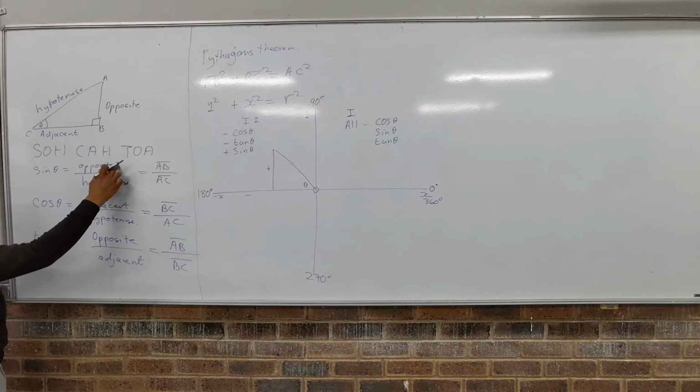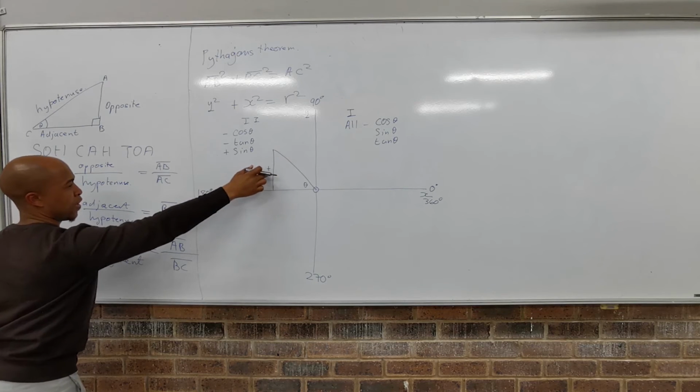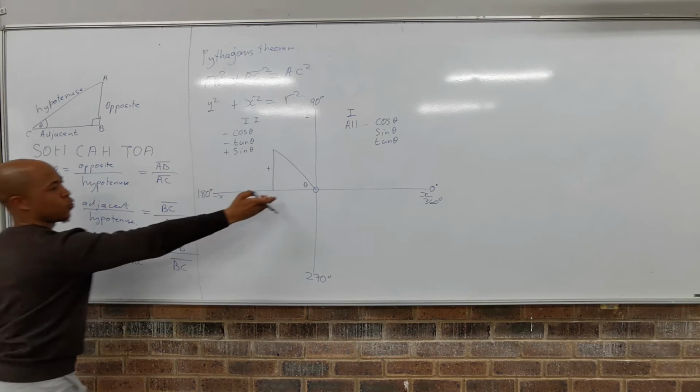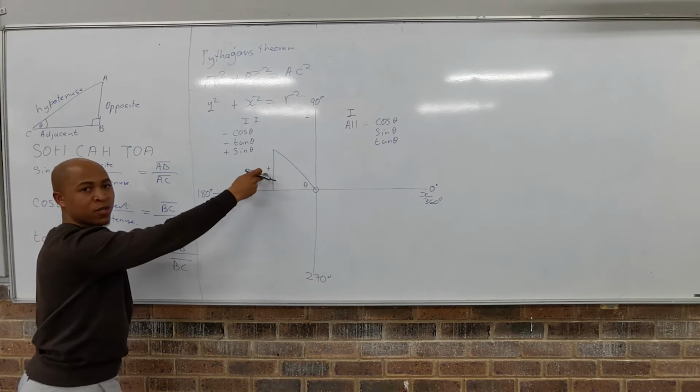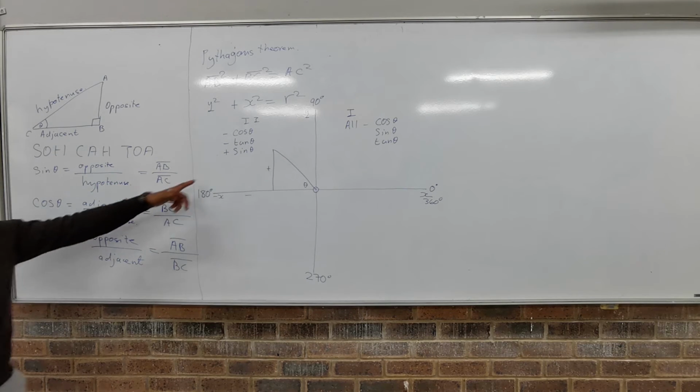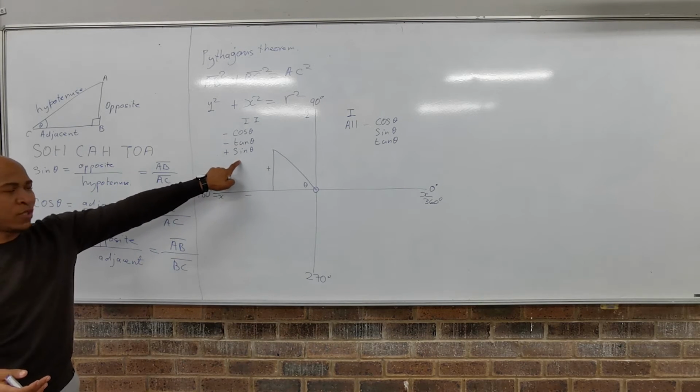Now, if you look here, the opposite side is still positive. Are we looking for any adjacent when we refer to the sine? No, we don't need it. We just need the opposite side as well as the hypotenuse, which is always positive. Hence, you find that the sine is positive in the second quadrant.